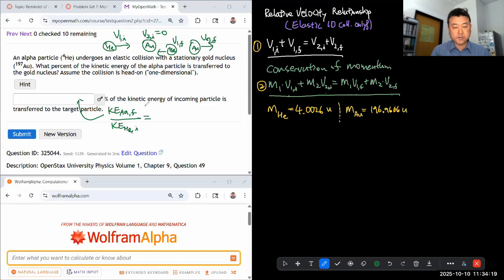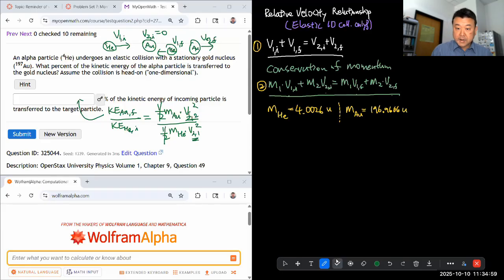Or in terms of all the quantities, it's 1/2 mass of gold times V2 final squared, divided by 1/2 mass of the helium times V1 initial squared. Now I don't technically have a V1 initial, so what I'm going to do is get an expression for V2 final in terms of V1 initial, and then I should have enough information to do this calculation with the things that cancel out and all that.